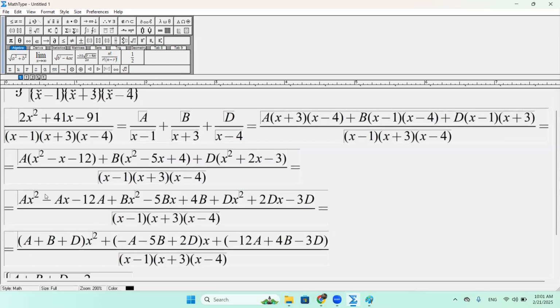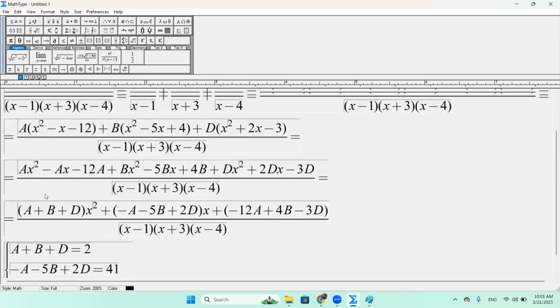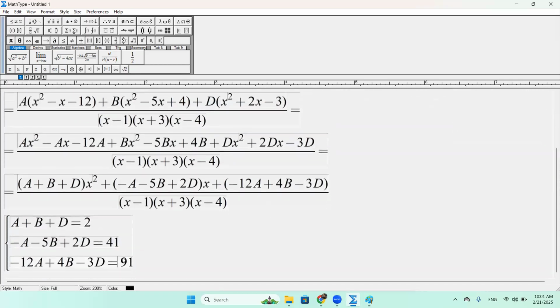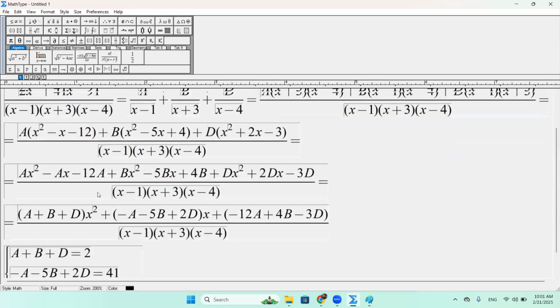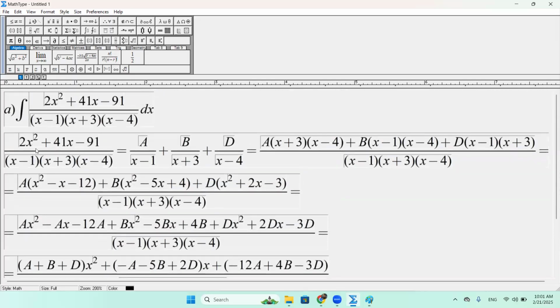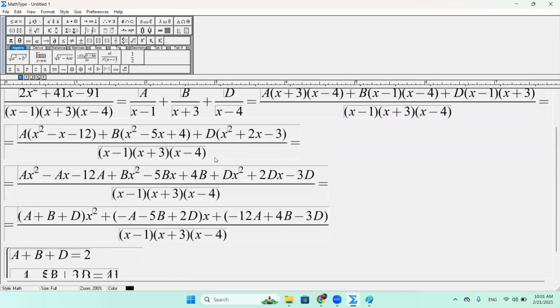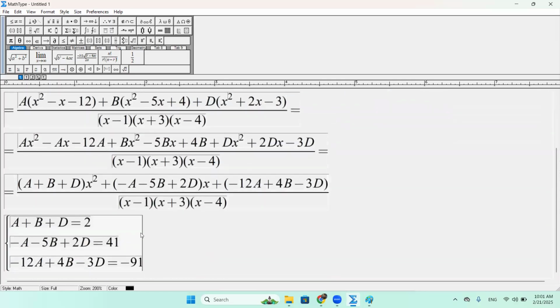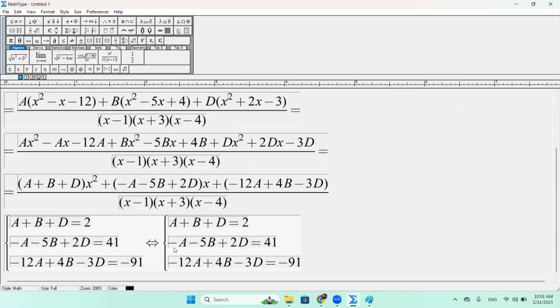Let me check. Yes, it equals minus 91 here. So be careful with the signs, by the way. It is important. For now, I will not solve this system completely using all known methods; I will just look up the answer in my materials to save our time.